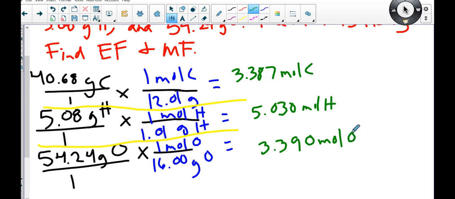Alright, so these are my moles. What's the smallest one? It looks like a couple of y'all are still doing your mole calculations. I'll give you a second.